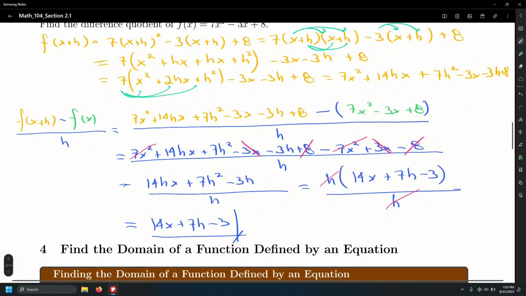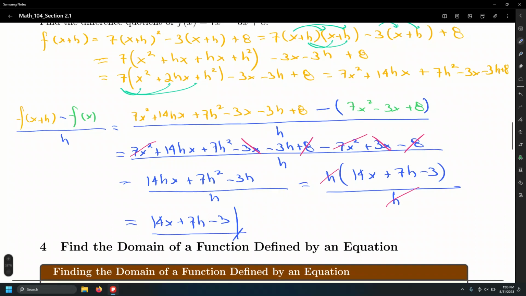But it's too technical to get into the details of that, so for now we're discussing the algebraic process to get through this.